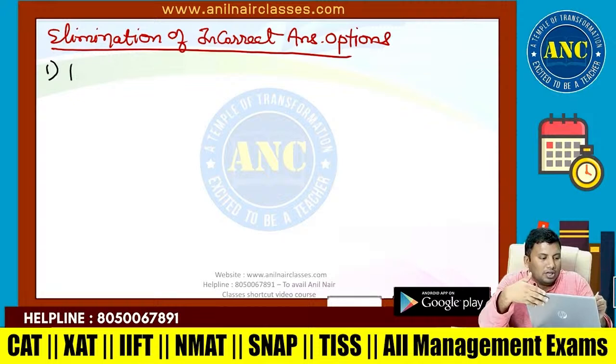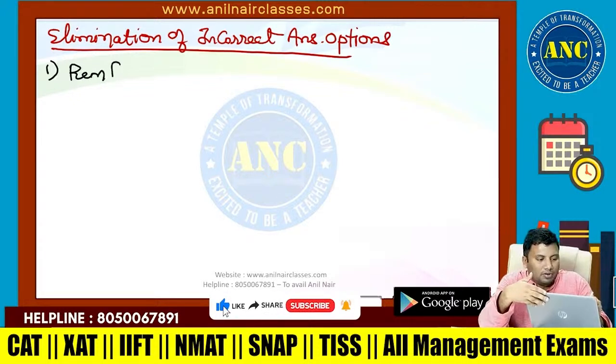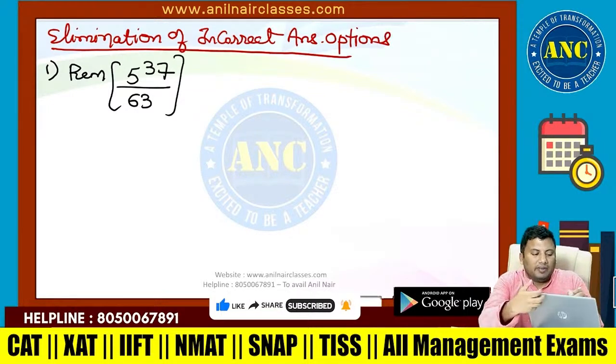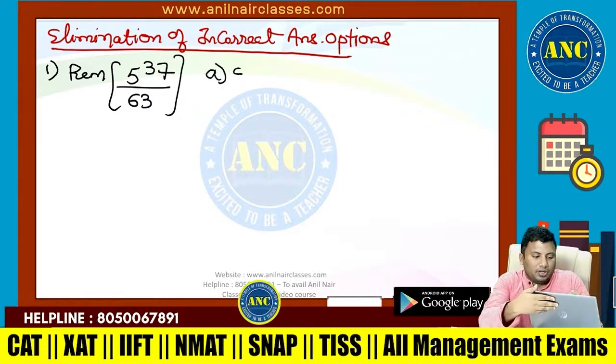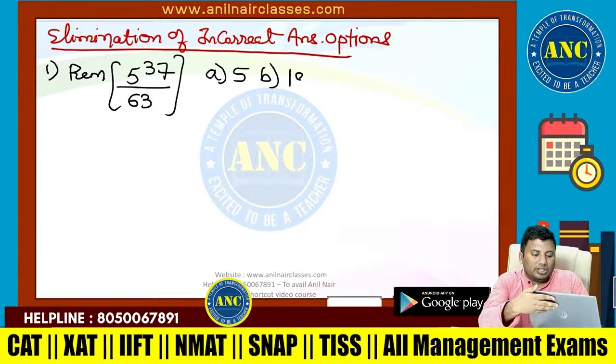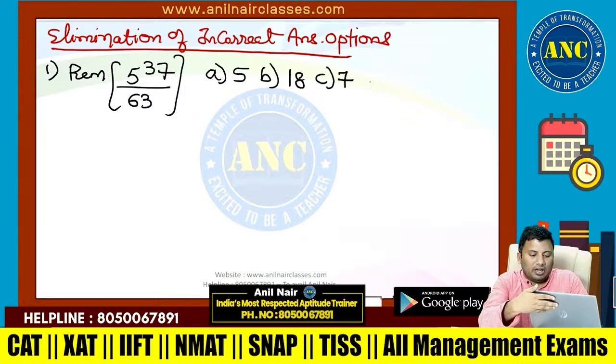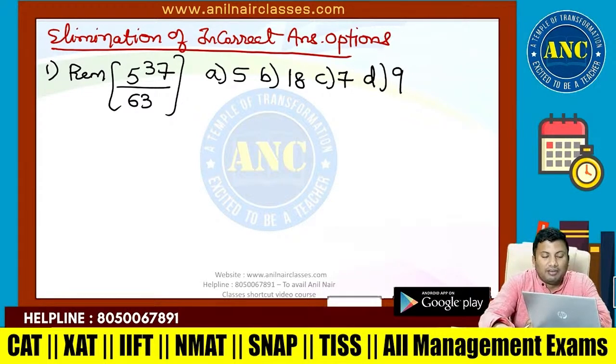First one, remainder of 5 power 37 divided by 63. Options are 5, 18, 7 and 9.